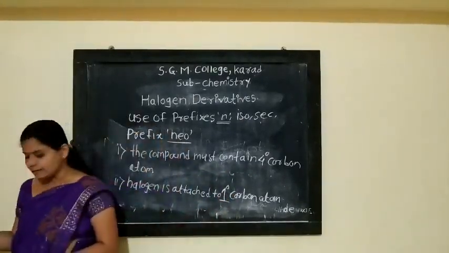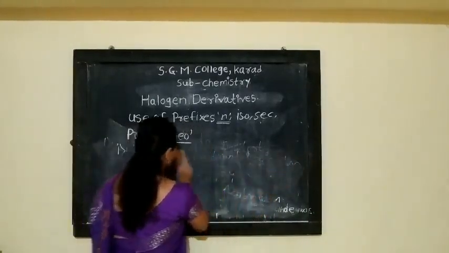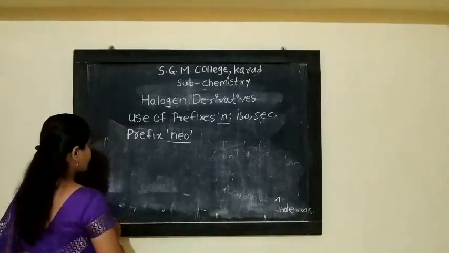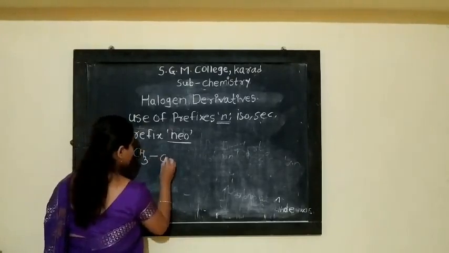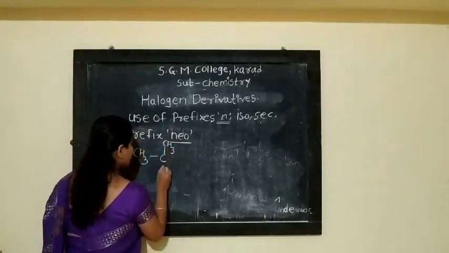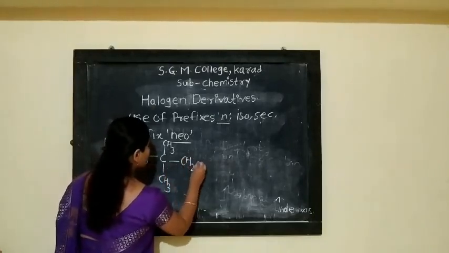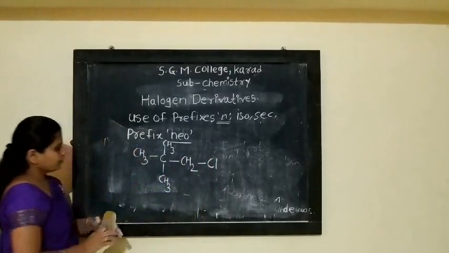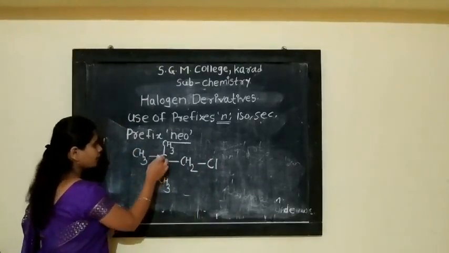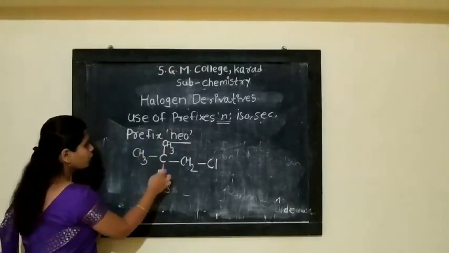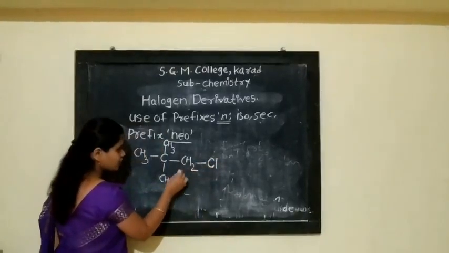Here I take the example CH3, C, CH3, CH3, CH2, Cl. Here, in this compound, this carbon is a quaternary carbon atom because it is attached to 4 more carbon atoms, and this chlorine, our halogen, is attached to the primary carbon.